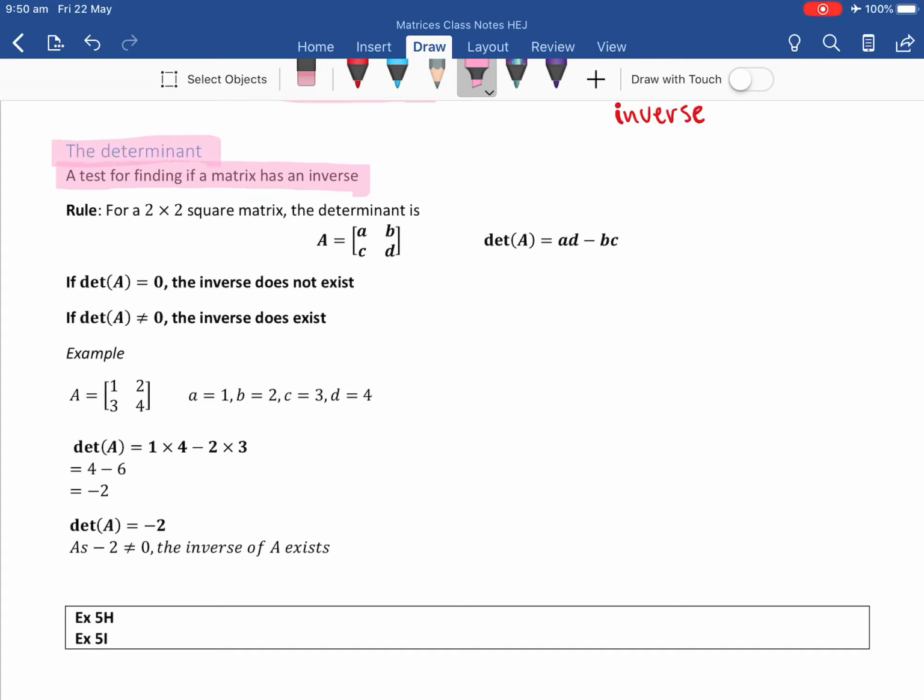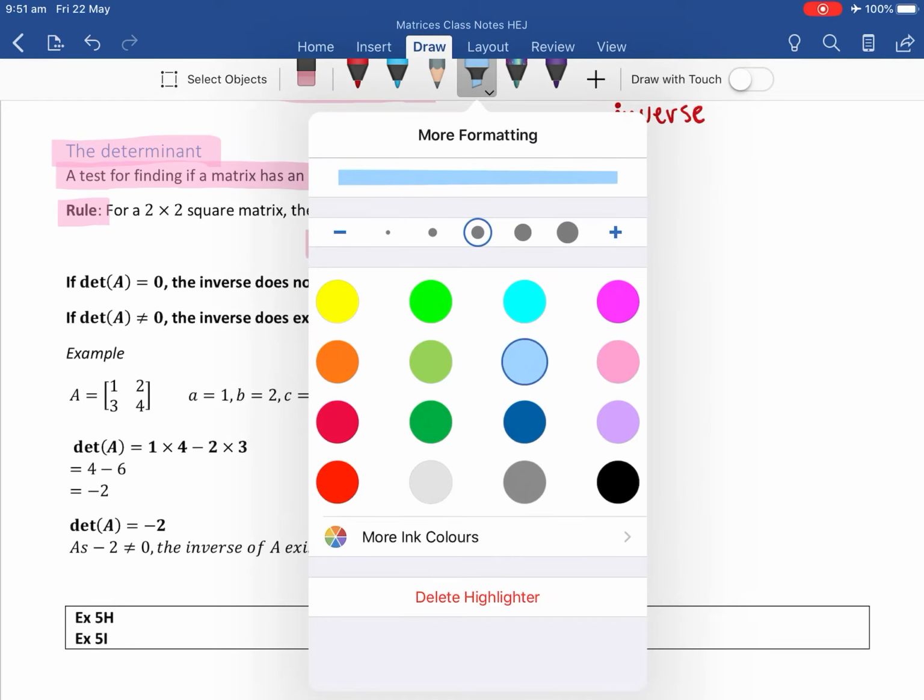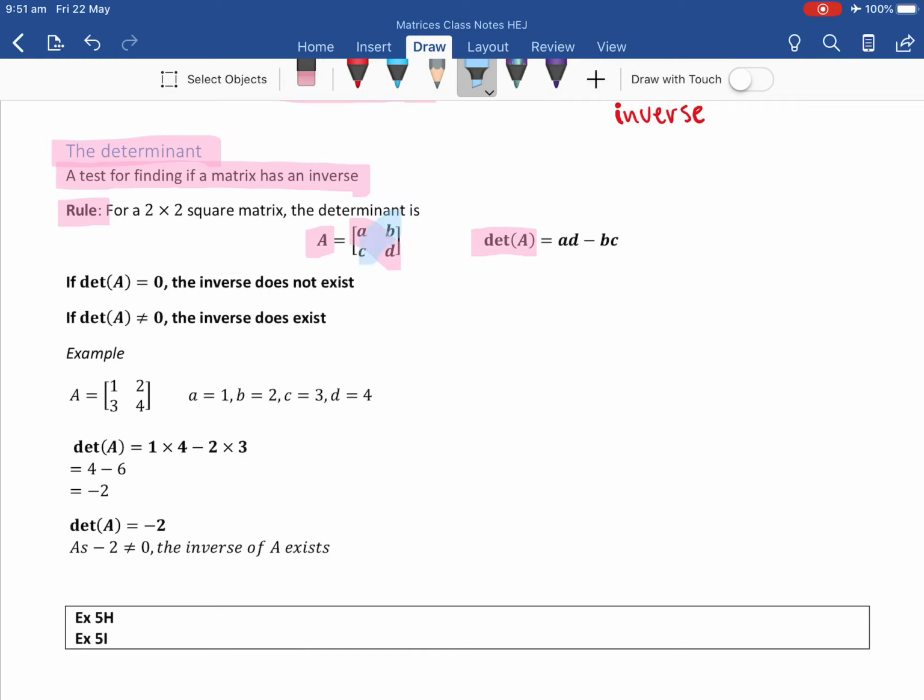The rule for a 2 by 2 square matrix: this is A, and the numbers inside are A, B, C, D. To find the determinant of A, it's A times D, minus B times C. Depending on your answer, if you get 0, that means there is no inverse for that matrix. But if it doesn't equal 0, the inverse does exist.